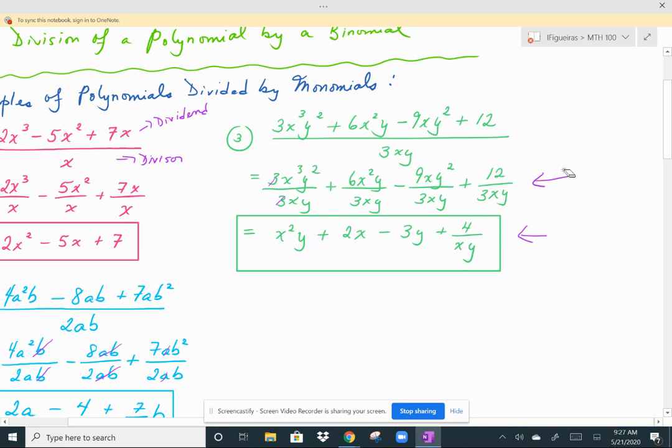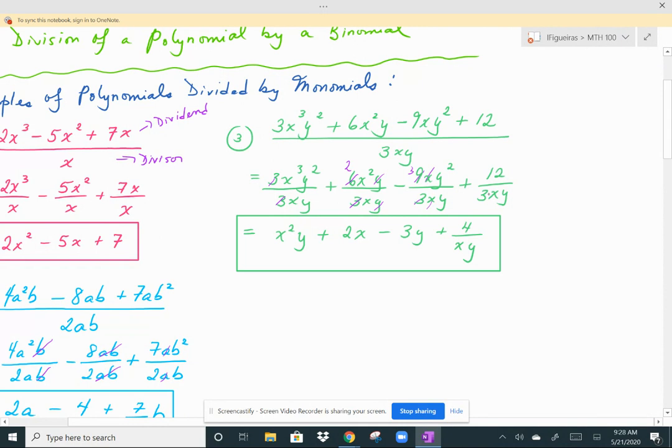Now we move on to the second term. 6 divided by 3, well, 3 goes into 6 twice, so you have 2. X squared divided by x is just x, and the y's will cancel. Third term, 9 divided by 3, well, 3 goes into 9 3 times. The x's cancel, and y squared divided by y is just y, so we have 3y.